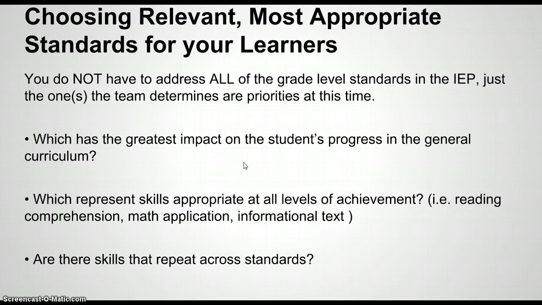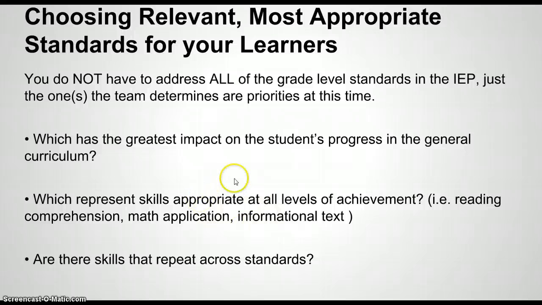Again, you don't have to address all grade level standards, and you don't have to address all of the standard as a whole. You can pick and choose the parts that are most relevant for each student. Really focus on which have the greatest impact on their general curriculum or their progress, and which represent skills appropriate at all levels of achievement.